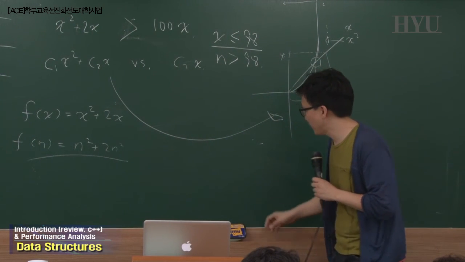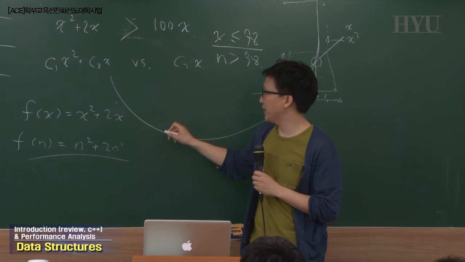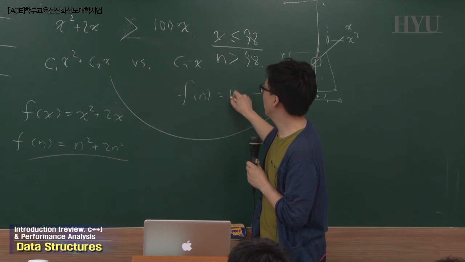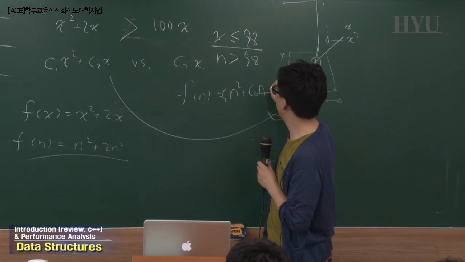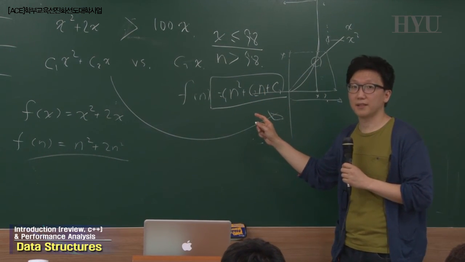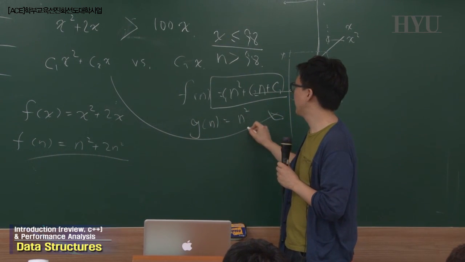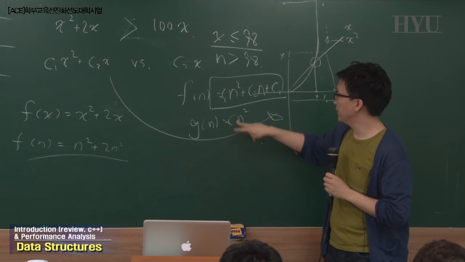But the thing is, whatever function that I give you, f(x), I'm going to use the same notation. F(n) is whatever, C1, C2, plus C3, whatever function that is, my G(n), for example this, with some value C. At some point, this will be less than this one.